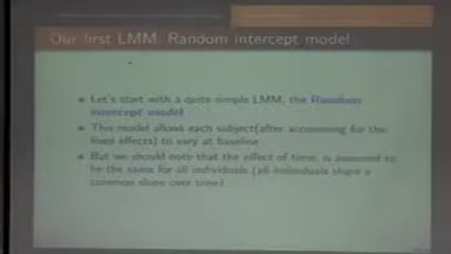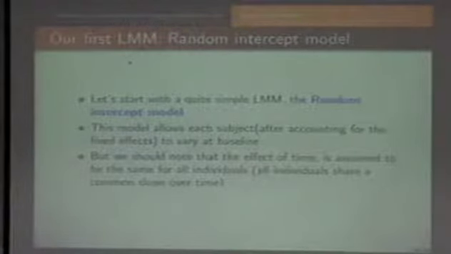The first is the simpler of the two models. We're going to call it the random intercept model. In other words, we are randomly sampling the intercept from a population of intercepts. Each subject is allowed to have its own baseline value, for example of reaction time when it comes to sleep data.